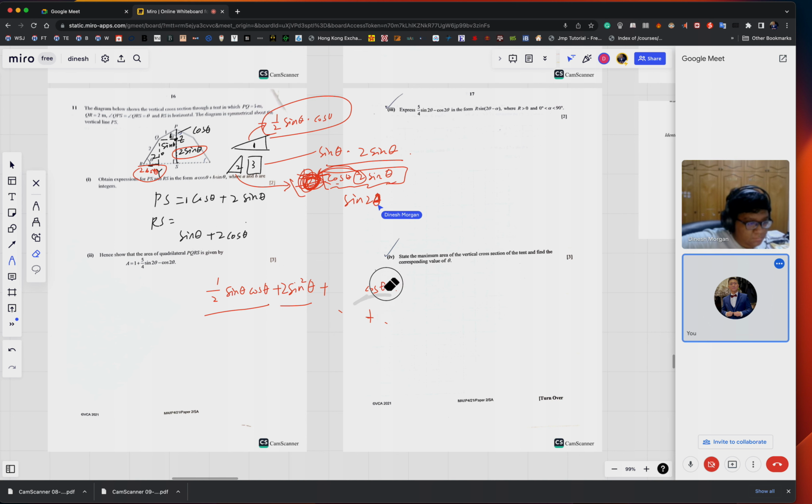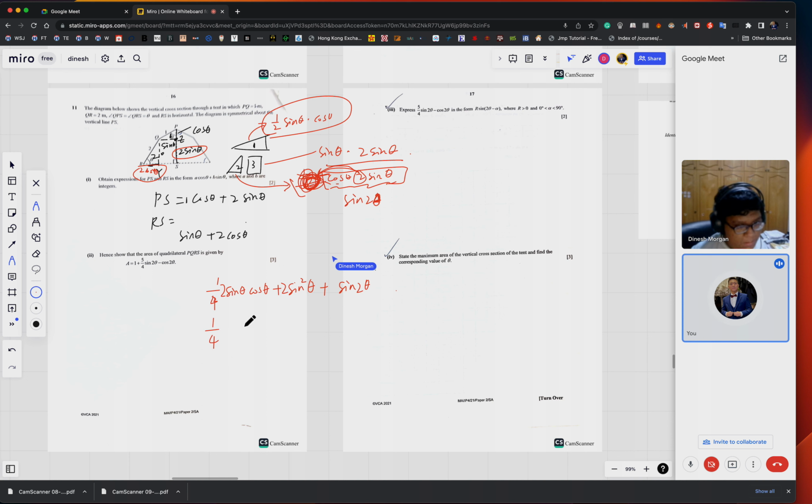So sine 2 theta. Now they want you to somehow prove it. You see, this is the funny thing. If you force it to be a 2, this has to be a half, I mean a quarter.